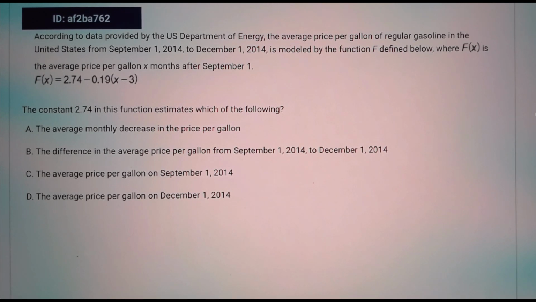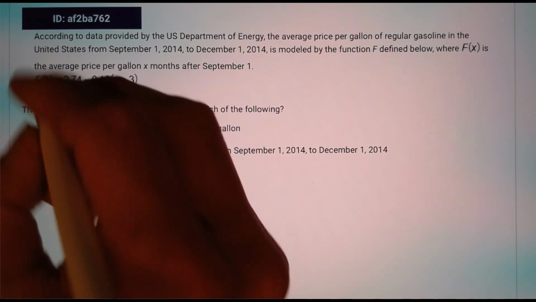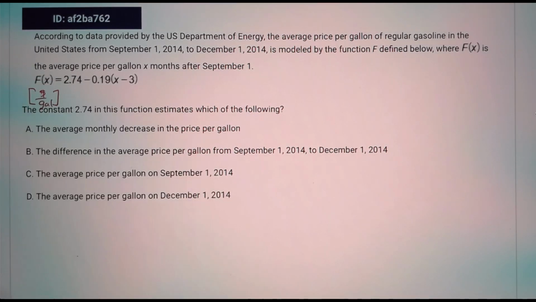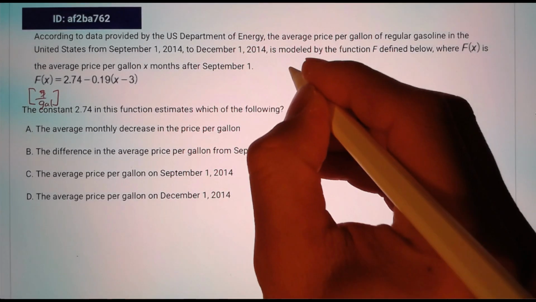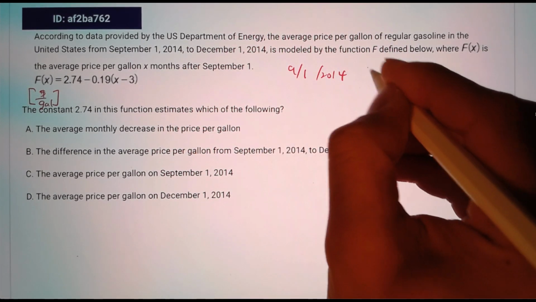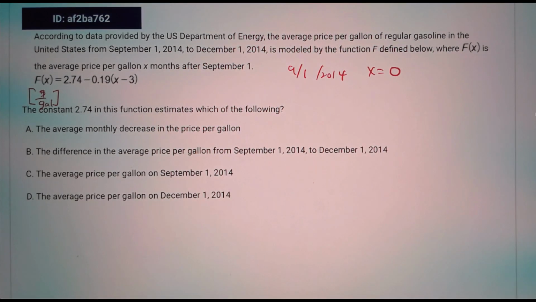Okay, and where f of x is the average price per gallon, that's our unit, and price per gallon x months after September 1st. So we can imagine that September 1st, 2014 as x equals 0.